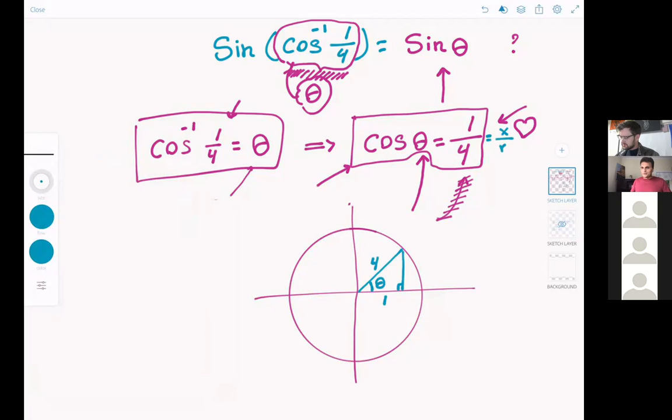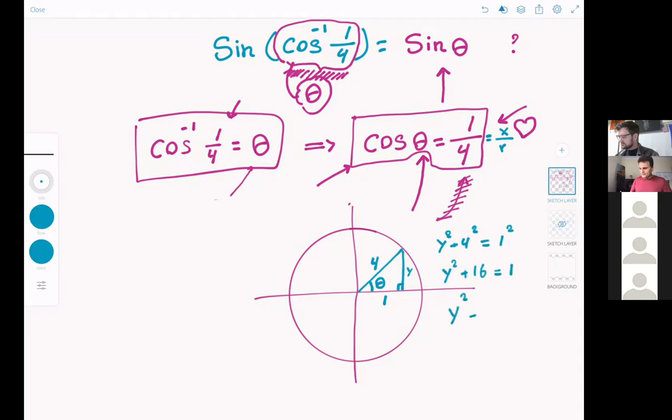We use the Pythagorean theorem to solve for y. We have y squared plus 4 squared equal to 1 squared. We have y squared plus 16 equal to 1.